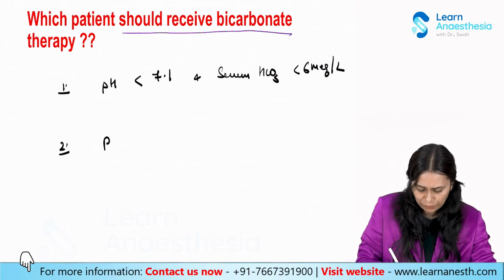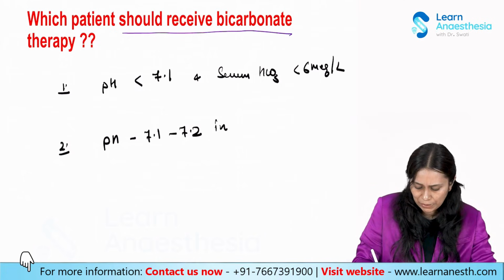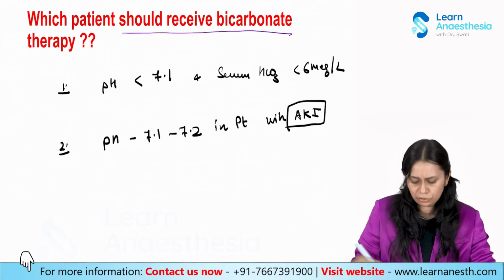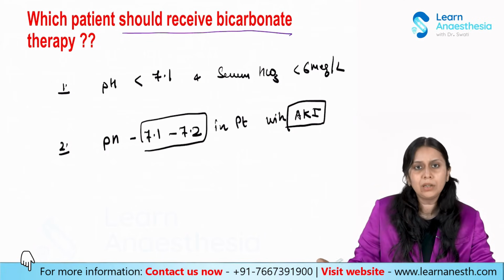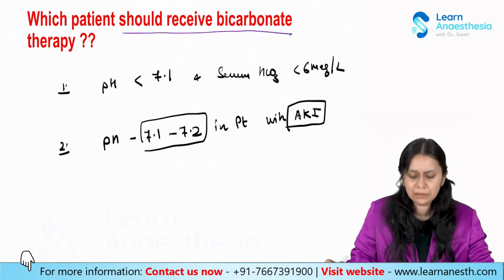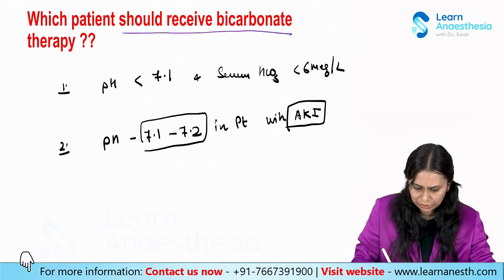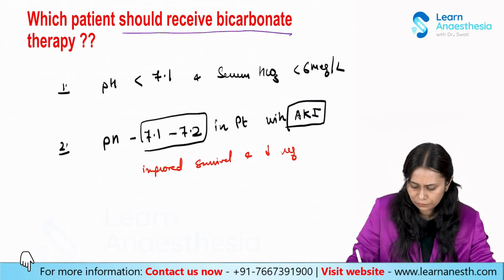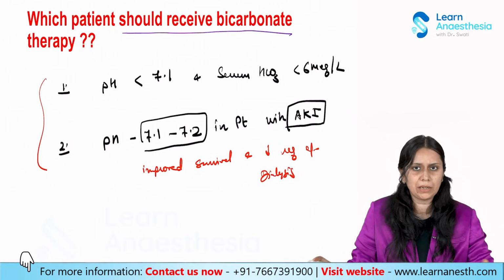Number two, if pH is between 7.1 to 7.2 in a patient with acute kidney injury, right? If the patient is in acute kidney injury and pH is between 7.1 to 7.2, the bicarbonate therapy has been shown to reduce the requirement of dialysis and improve the survival. So, these are the two indications of giving the bicarbonate therapy.